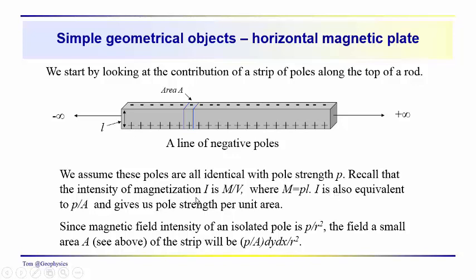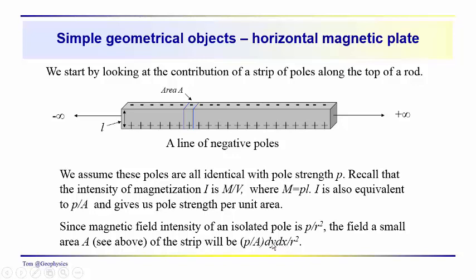And I is basically equivalent to the pole strength divided by the area, dy dx, which is basically a pole strength per unit area. So, since the magnetic field intensity of an isolated pole is P over r squared, the field of this small area here is P over A, the area, and then dy dx, which is the area.